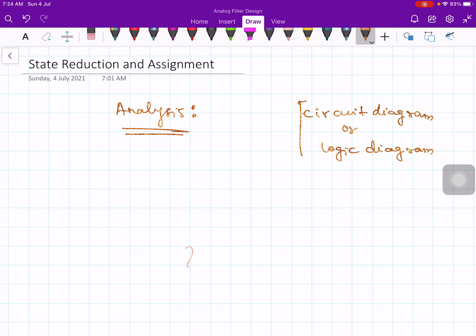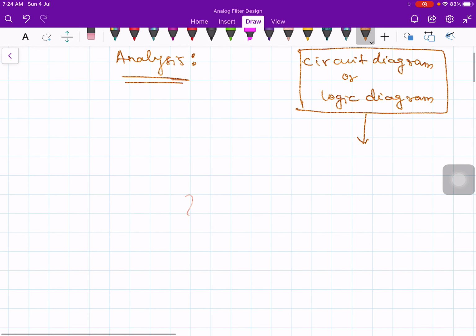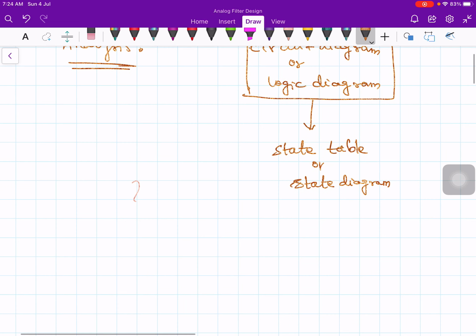You will start from the circuit diagram or logic diagram and culminate in a state table or a state diagram. So this is what we typically do whenever we want to analyze a sequential circuit.